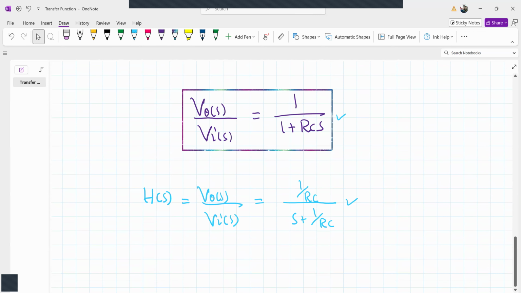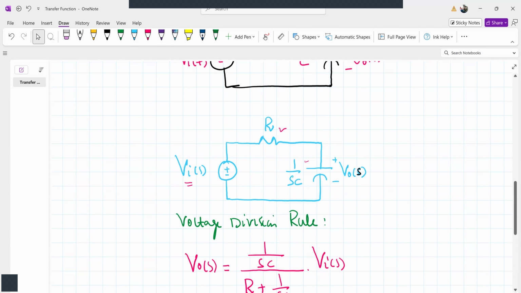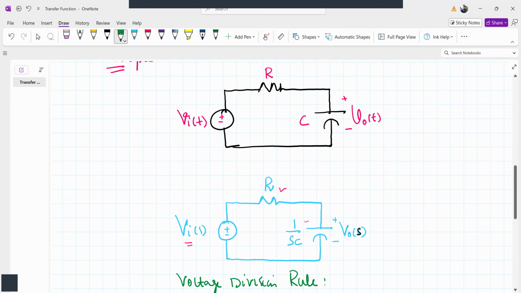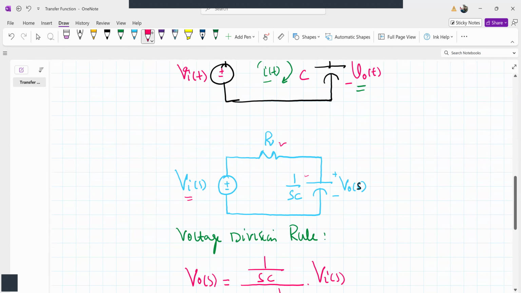Similarly, suppose the same circuit, only the difference is the output is not V naught of t, but the current flowing in the circuit. In the previous case V naught of t was the output; now our output is I of t. How do we obtain the transfer function in this case? We'll write it as I of S and form the relationship between I of S and the input voltage.